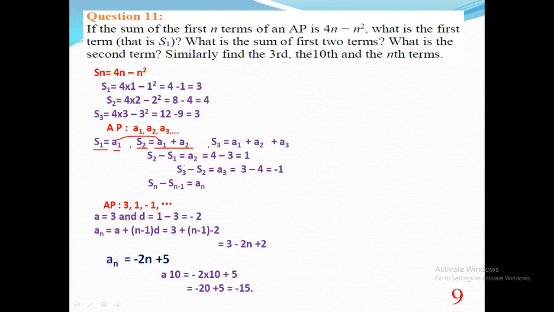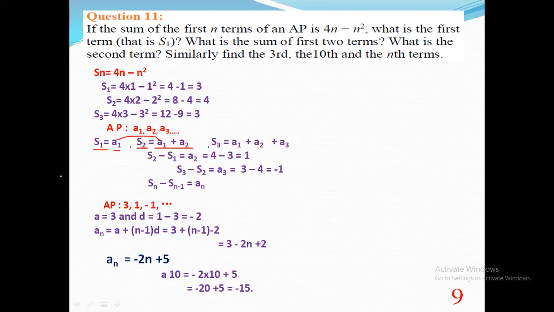So A2 is equal to sum of first two terms minus the first term, that is 4 minus 3, that is 1. So A2 is equal to S2 minus S1.